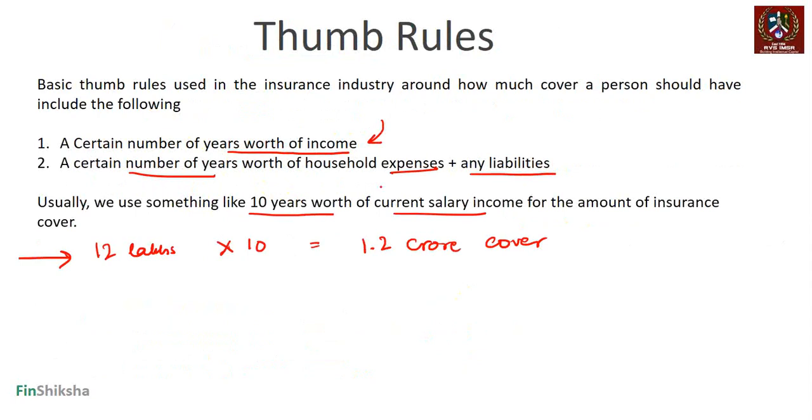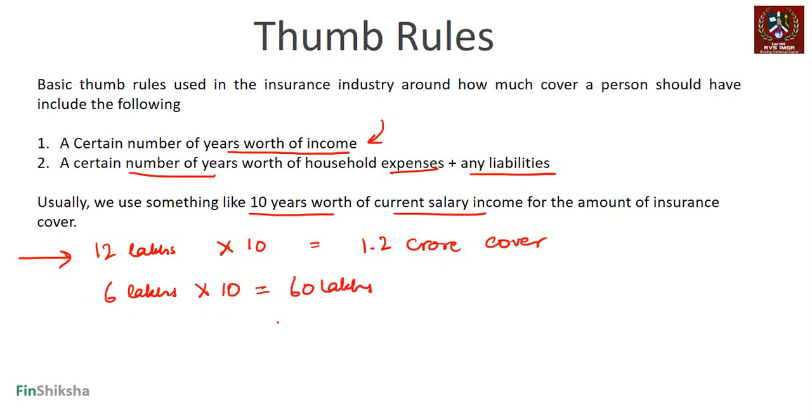So effectively, that's the broad cover that someone would want in the case of the income method. Now we could also look at household expenses plus any liabilities. Let's say household expenses are 6 lakhs a year, right? And you want it for argument's sake any number of years. We can take that for, let's say, 10 years again. That's 60 lakhs.